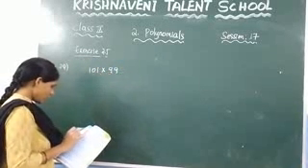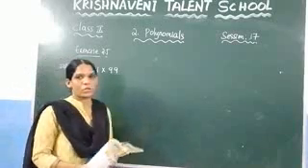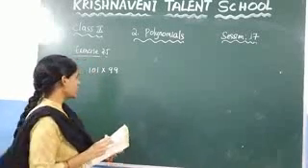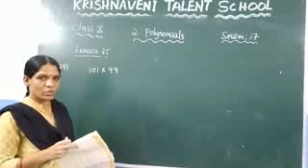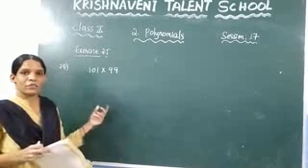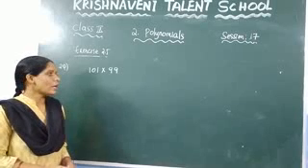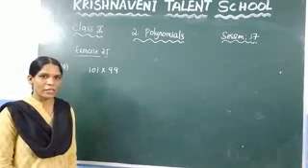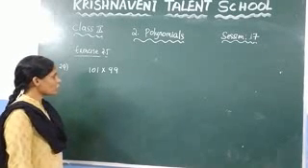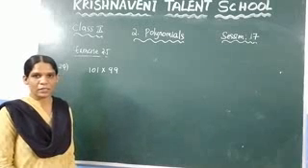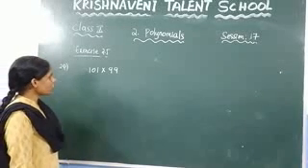So here you need to solve this one without doing the actual multiplication. You need not multiply these two values. So you have to write this one in the form of the identities. What are the identities you know? Among those identities you need to write one identity so that you can apply that identity here. So here 101 into 99.